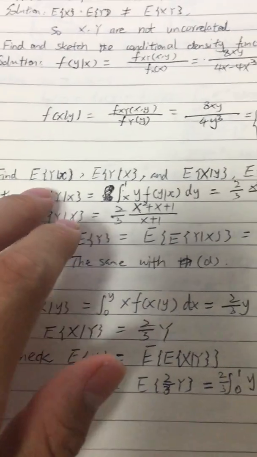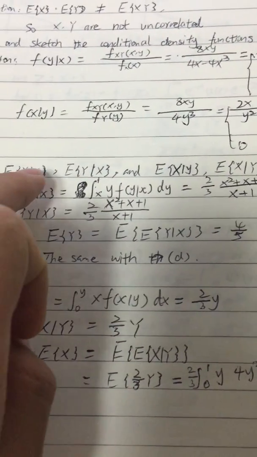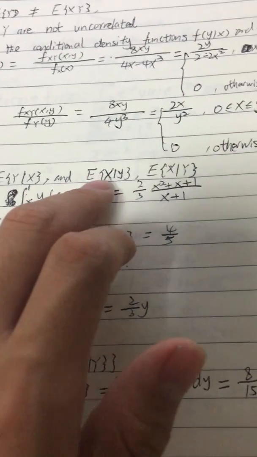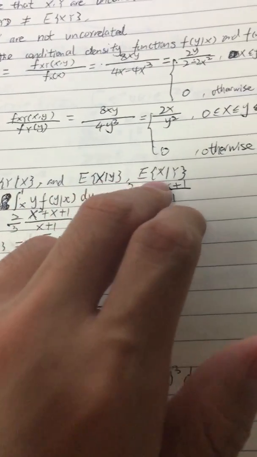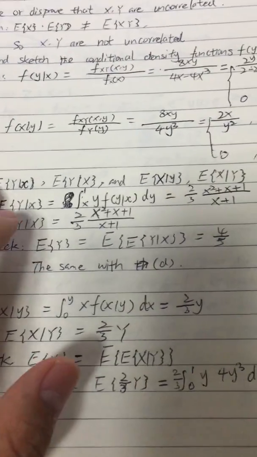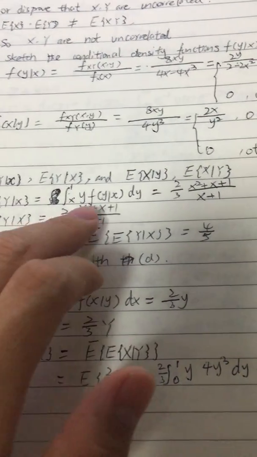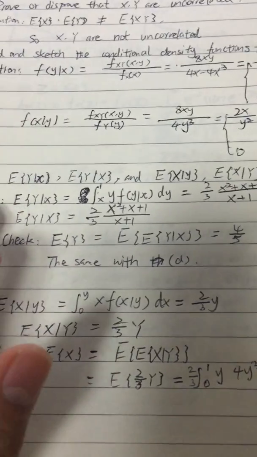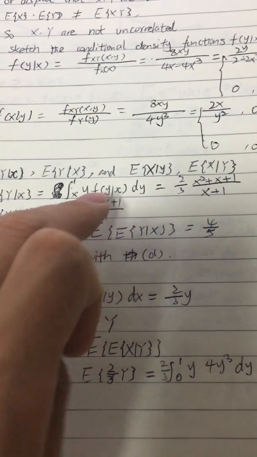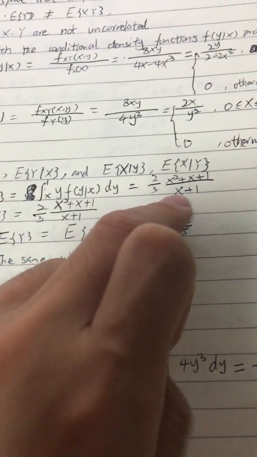The next part is to find E of y given small x, Y dependent on big X, and E of x given small y, X dependent on big Y. Because we have just got the function of f y given small x, we can get the function like this.